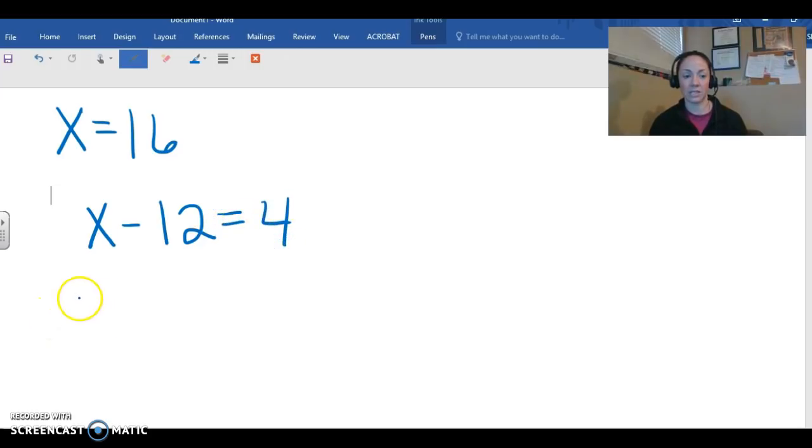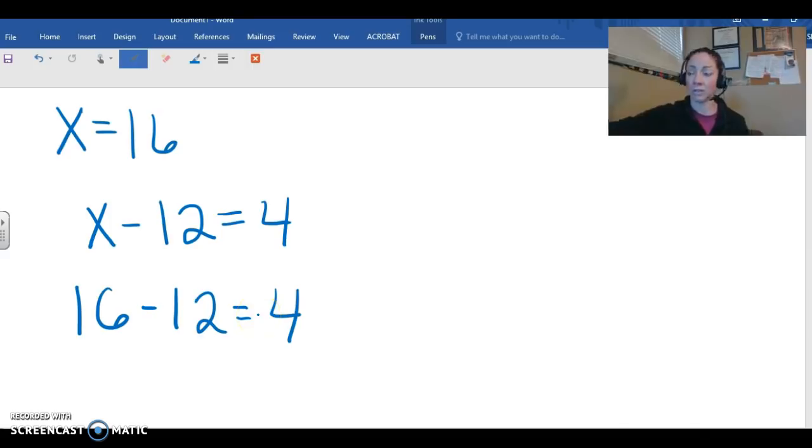Well, let's replace the x with 16. 16 minus 12 equals 4. Is that correct? And yes, it is. That means that x is true. X can equal 16 in this particular equation.